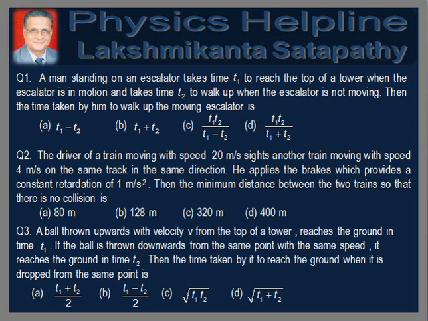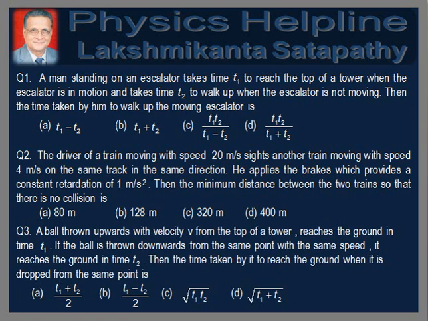Then the time taken by him to walk up the moving escalator is. The options are t1 minus t2, t1 plus t2, t1 t2 divided by t1 minus t2 and t1 t2 divided by t1 plus t2.